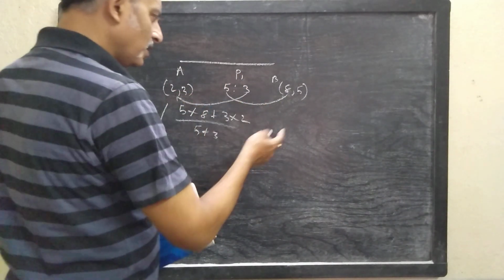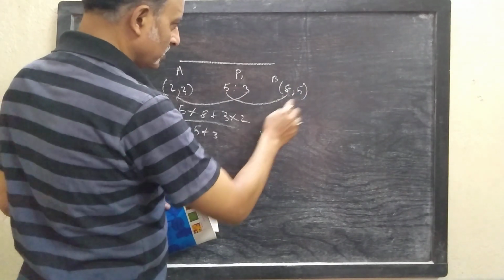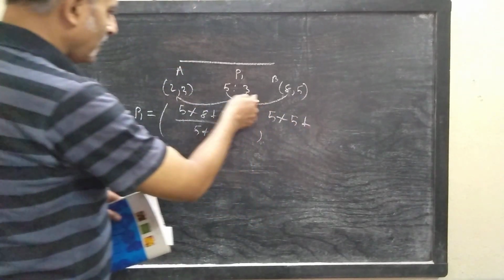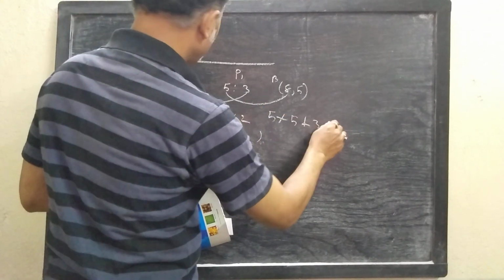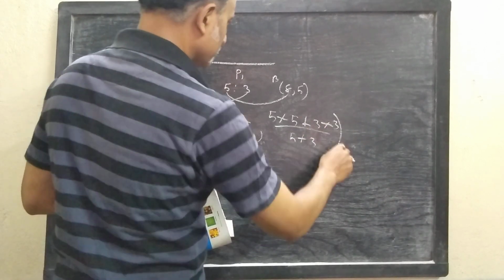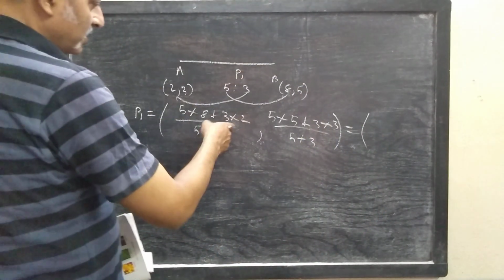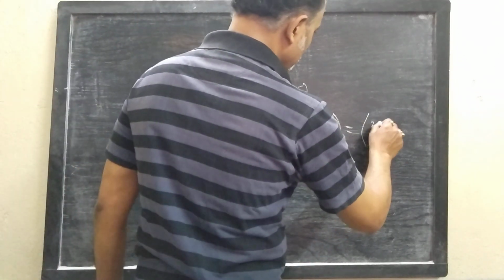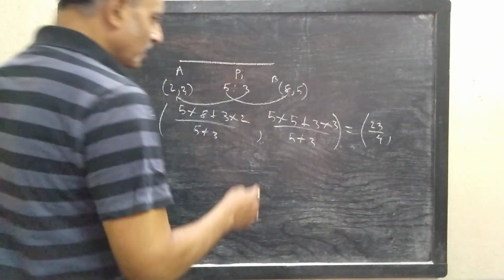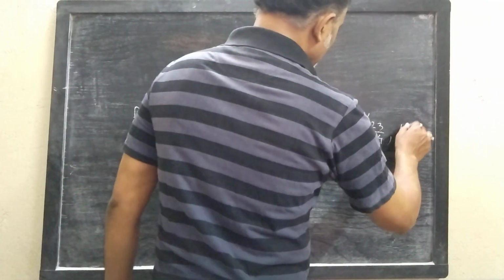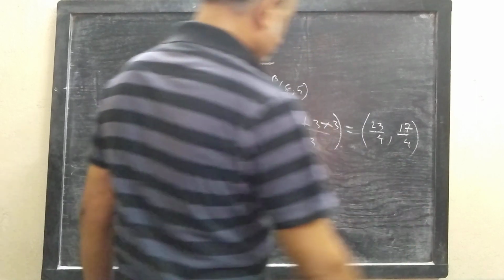Then similarly for ordinate, y2 is 5 here, so 5 into 5 plus n y1, that is 3 into 3, by m plus n. So its coordinate will be 5 8s are 40, 3 2s are 6, 46 by 8. 46 by 8 means 23 by 4. This will be 25 plus 9, 34 by 8. That is 17 by 4.